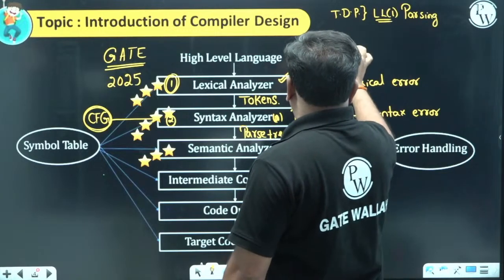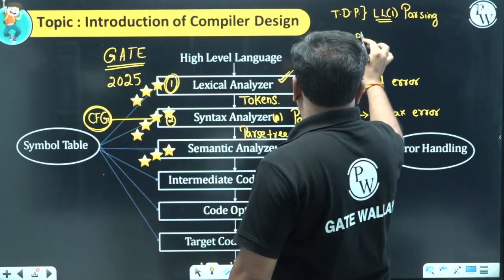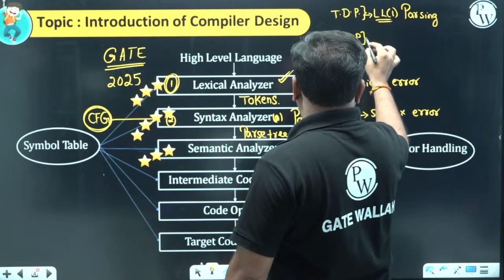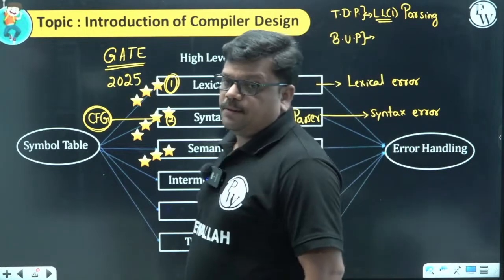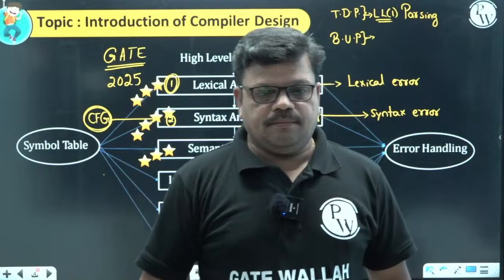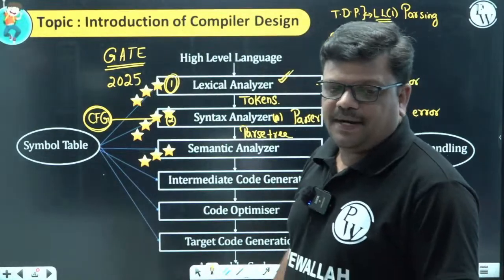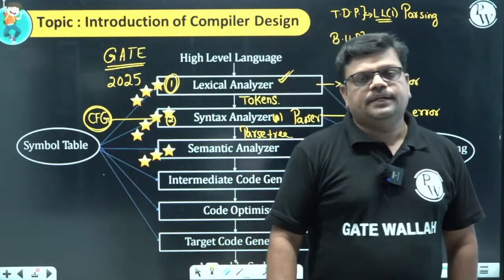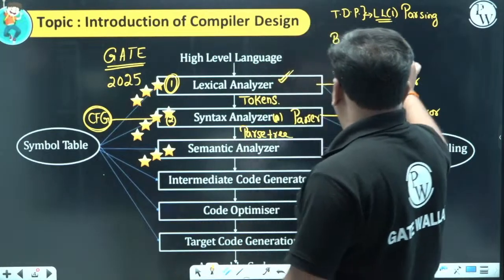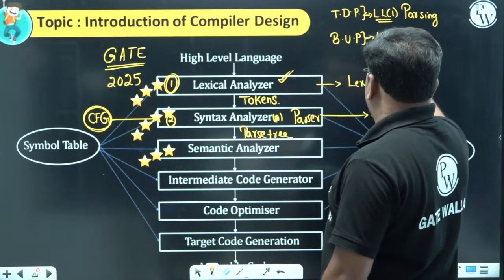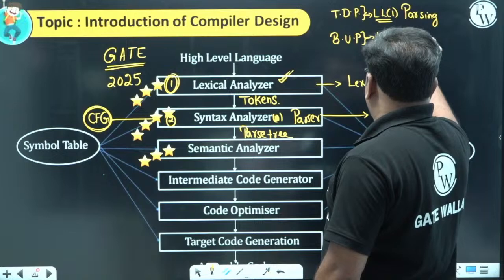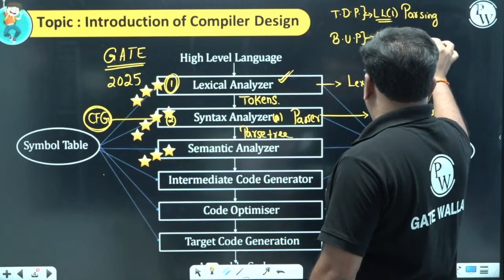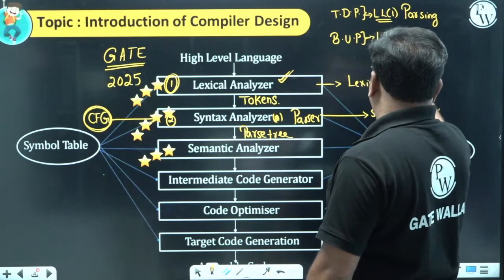From the bottom up parser, we'll get questions from LR parsing. I'll give practice questions as well. The most important thing is LR parsing, that too in table construction. Mainly you have to focus on table construction.